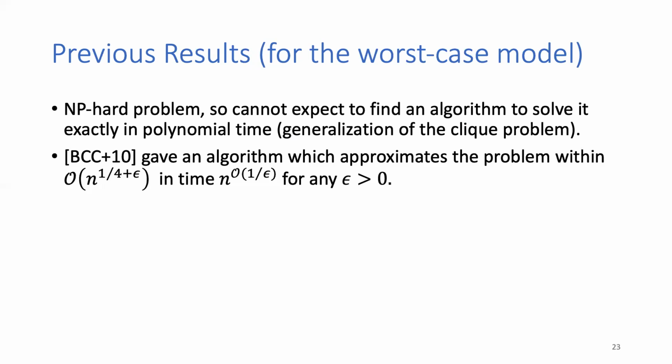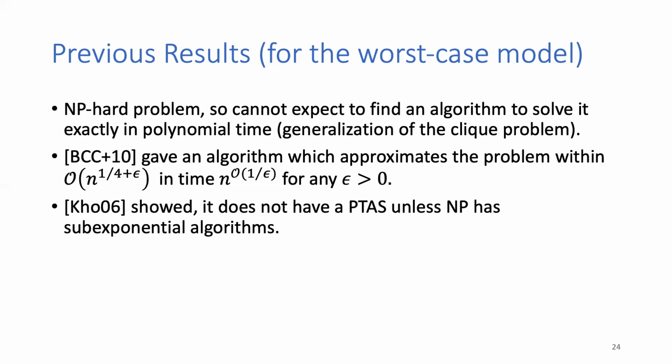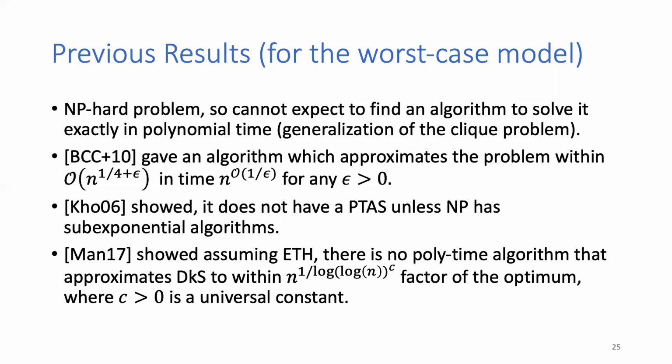Coming to the hardness side, Khot showed that it does not have a PTAS unless NP has subexponential algorithms, and recently Manurangsi showed that assuming the exponential time hypothesis, there is no polytime algorithm that approximates this problem to within a factor of n raised to the power 1 upon (log n) to the power c, where c is some universal constant.